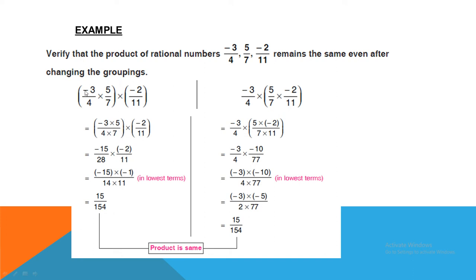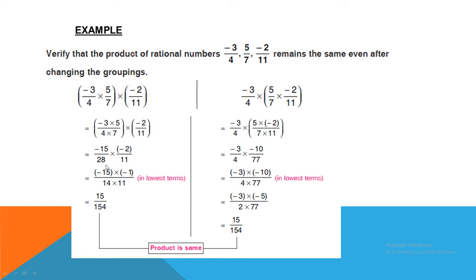As we have to solve the bracket first, in the bracket we have to multiply. The rule for multiplication is multiply numerators together, denominators together, and check can we cancel any number of numerator with denominator? No. So just multiply them. We get minus 15 upon 28 into minus 2 upon 11.